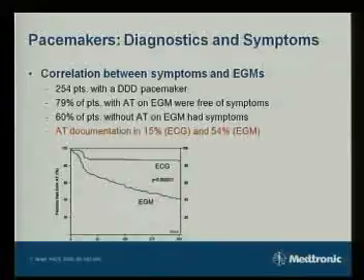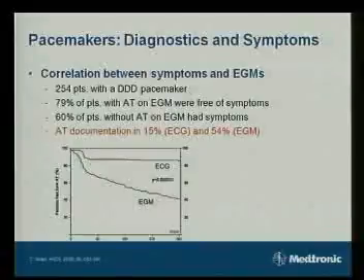And they found only something like 10%, 15% of the patients to be in atrial fibrillation, if you base it just on the ECG during follow-up. If you base it on what the pacemaker tells you, with the data that is stored in the memory, you see that only 40% of the patients are free of atrial fibrillation. So the more you look, the more you see. That's definitely true for atrial fibrillation.